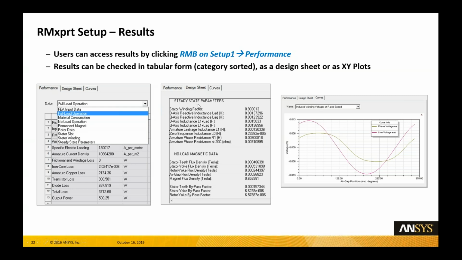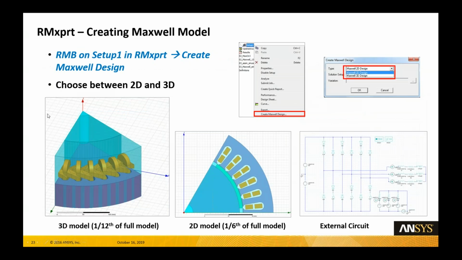The design sheet gives you steady state parameters, no load magnetic data, and so on. You can also plot out an induced winding voltage at rated speed. Under performance, you can see the performance under full load operation, material consumption, low load operation, etc.